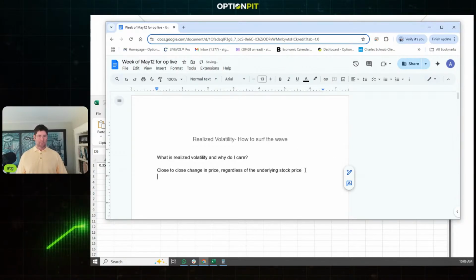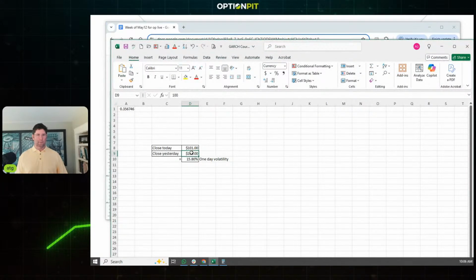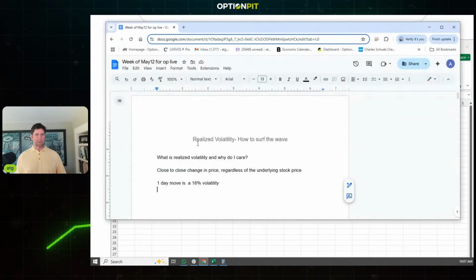So a one-day move close to close is a 16 volatility. I'm rounding up here a little bit. If I have a two-day move, let's say the underlying moves 2%, which is $2, 100 to 102, that is roughly a 32 volatility, 31.44.